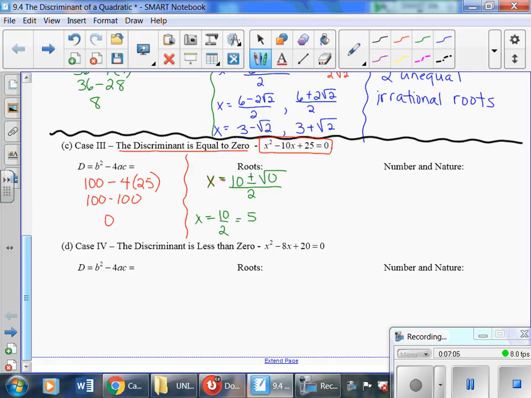So this is the only case that we're going to get one root. So here we're going to have one rational root.